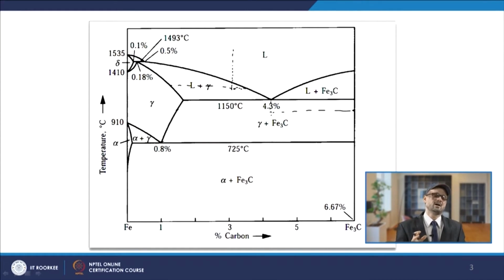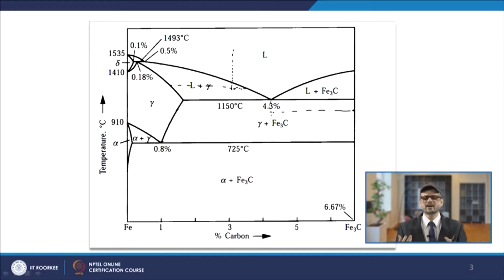And in the normal case when you have a good amount of silicon and the cooling rate is very small, graphitization is promoted. So, you will get graphite, the type known as gray cast iron, because the fractured surface appears gray.